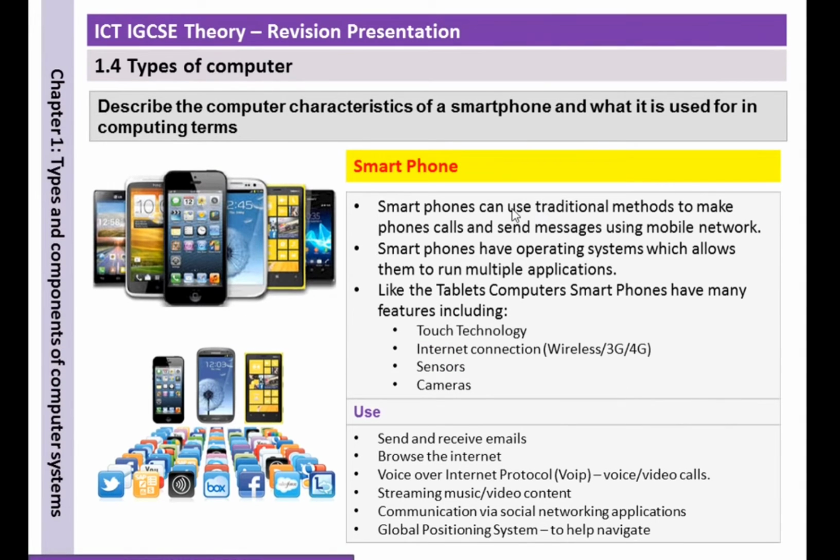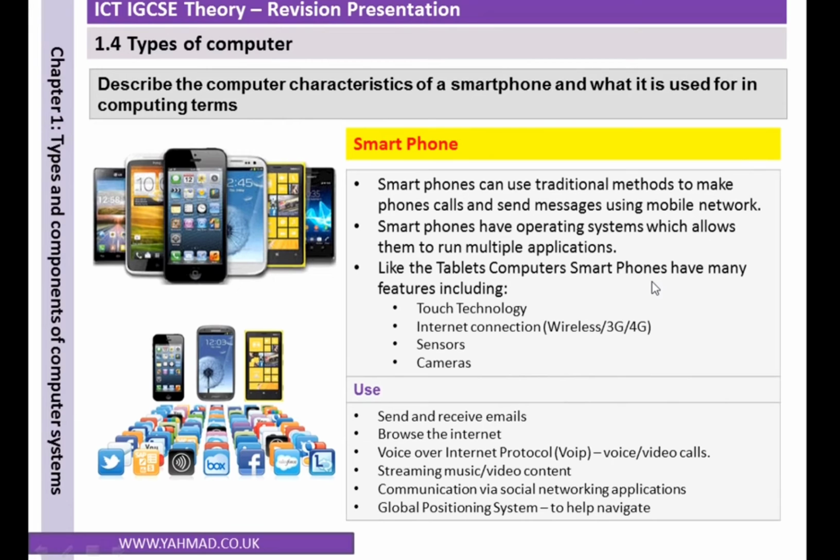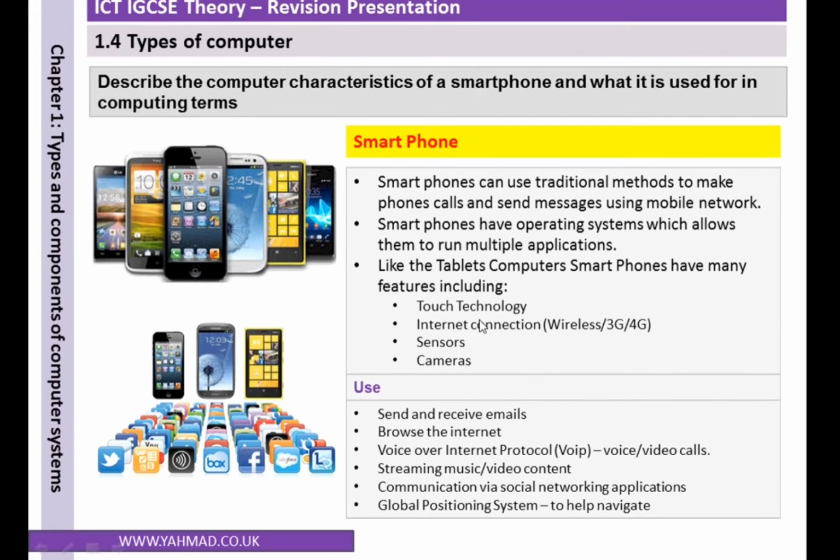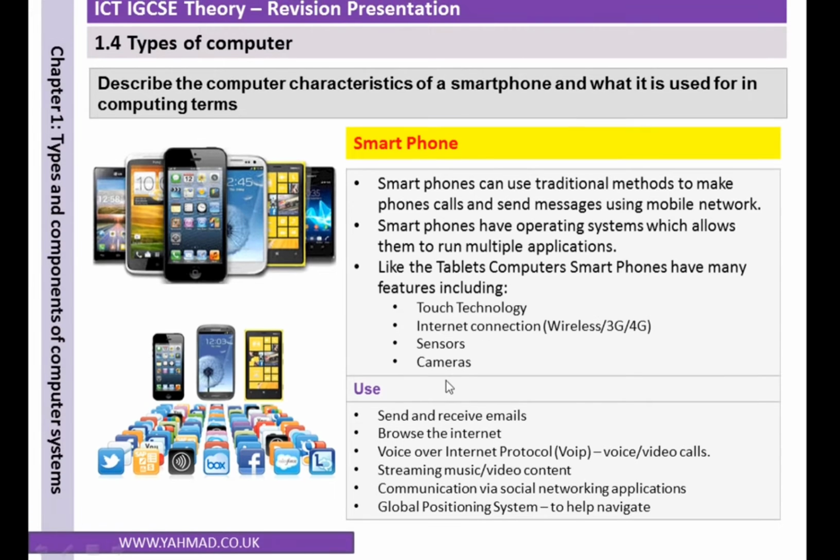Okay, the smartphone. Smartphones can use traditional methods to make phone calls and send messages using the mobile networks. Smartphones have operating systems which allow them to run multiple applications. Like the tablet, smartphones have many features including touchscreen technology. They can connect wirelessly to the internet. They include sensors, cameras.